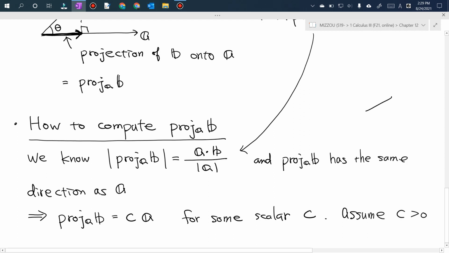C is positive means here the angle is an acute angle. If the angle theta is an obtuse angle, namely bigger than 90 degrees, then proj is going to be this way, and in this case C is going to be negative. You have to multiply by a negative number. But it's just a small issue. Let's just assume C is bigger than 0.